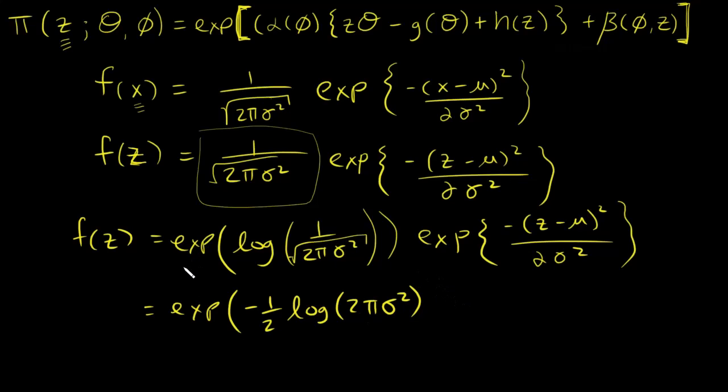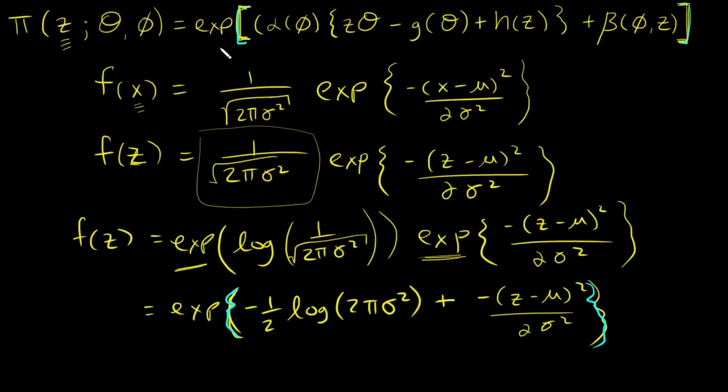Now, if I have this exponential times another exponential, I can bring those two exponentials together with a plus sign, using properties of exponentials. And I still have this negative (z minus mu) squared divided by 2 sigma squared. Now you see I have everything inside one exponential, so I'm getting closer to having something like this at the top, where I have just one exponential.